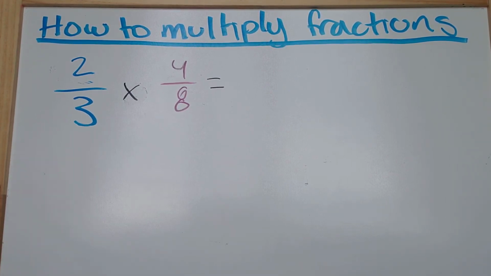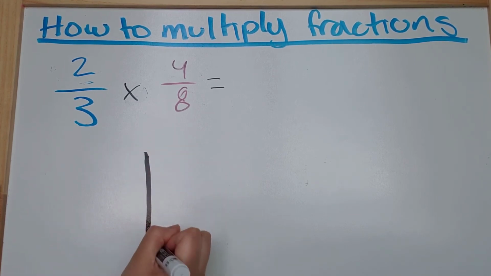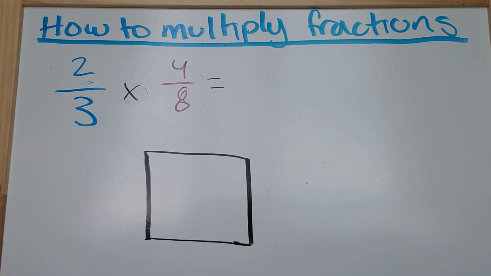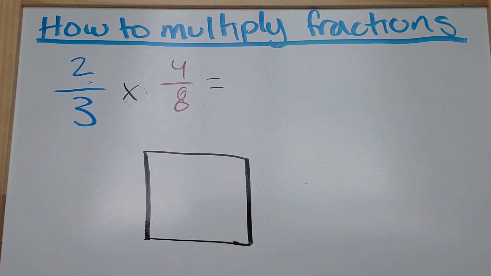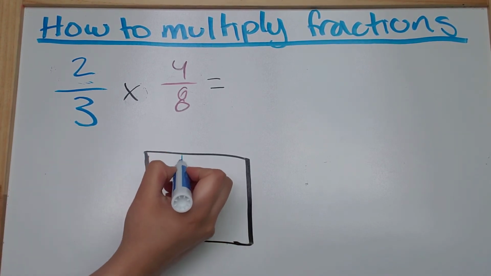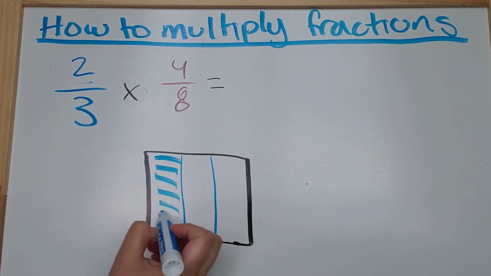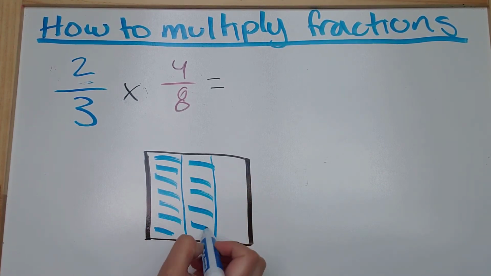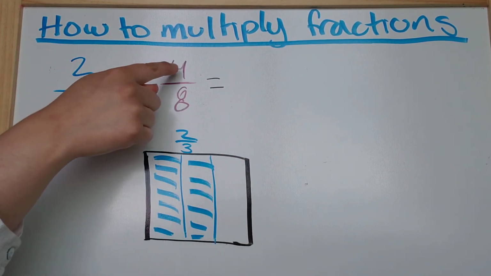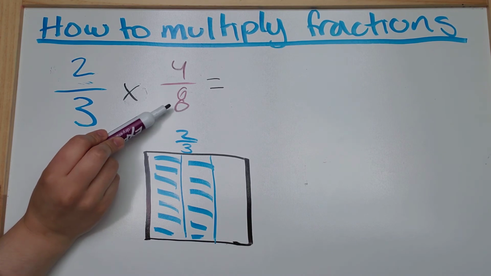So one more time, I have a whole, an area model. On one side we have 2/3, and we're going to use the denominator. So I have thirds, and I have 2 of those, 2/3, and on the other side I have 4/8. So I have to go across and make eighths.